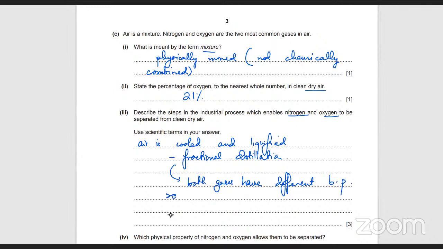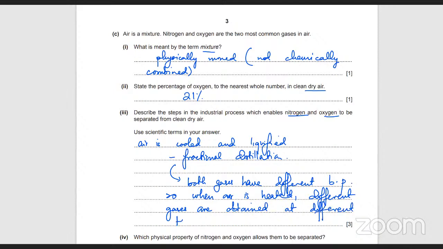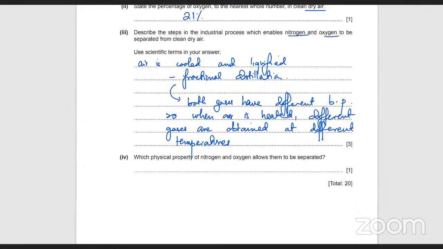So when air is heated back, different gases are obtained at different temperatures. Which physical property of nitrogen and oxygen allows them to be separated? Boiling points, ठीक है?